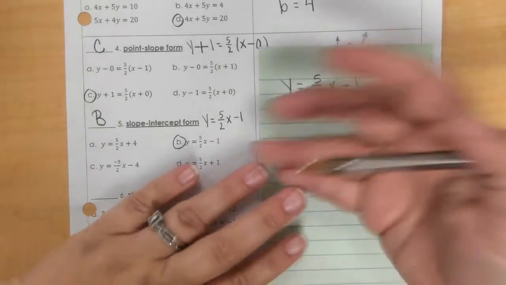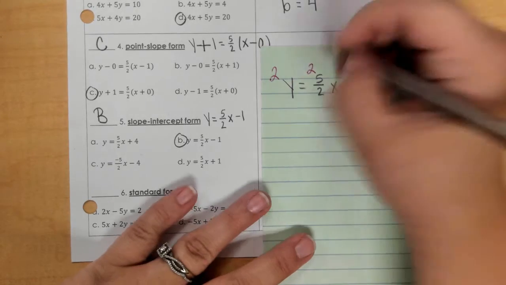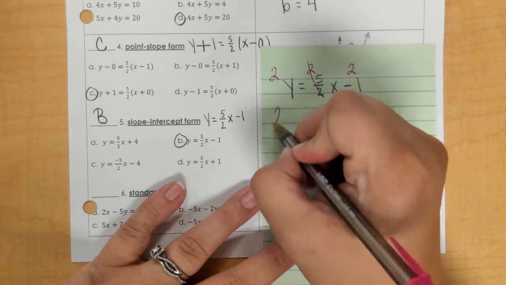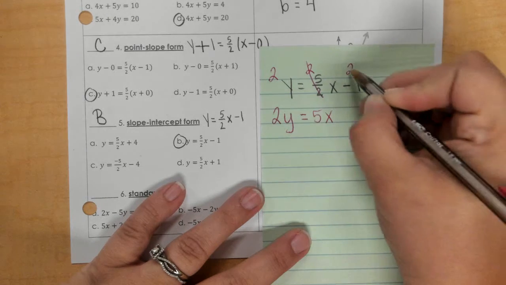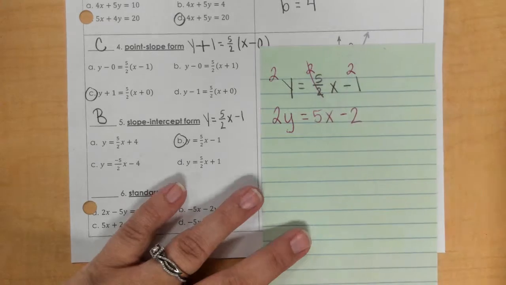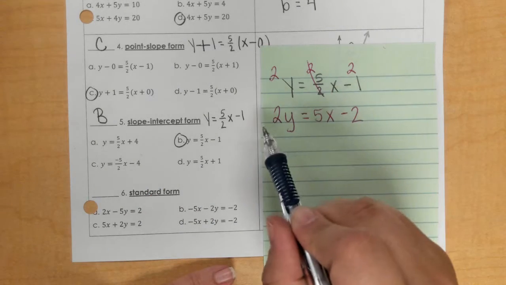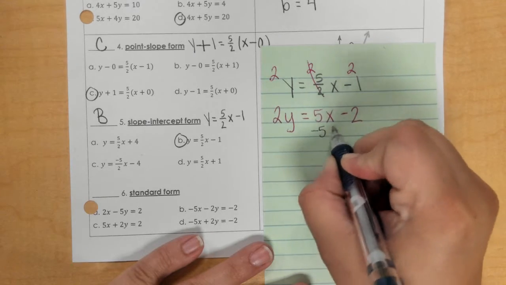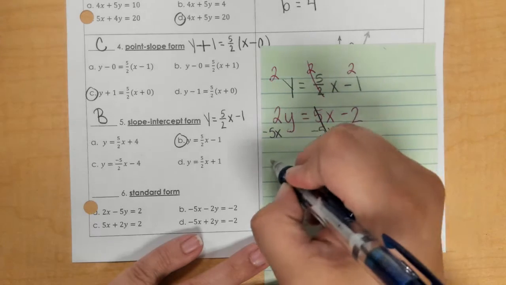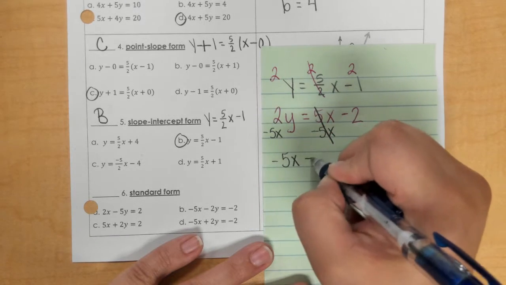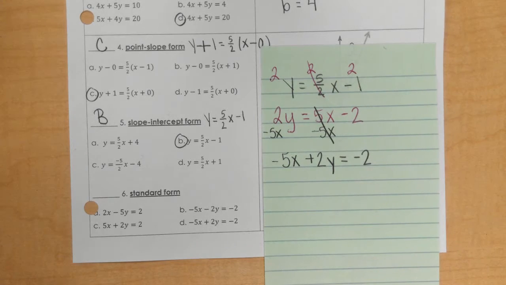So we clear the fraction. We multiply by the denominator, which is 2. So I have 2y, 5x, and 2 times -1 is -2. Now, I have to get that x over there, so I subtract the 5x, and we have -5x plus 2y equals -2.